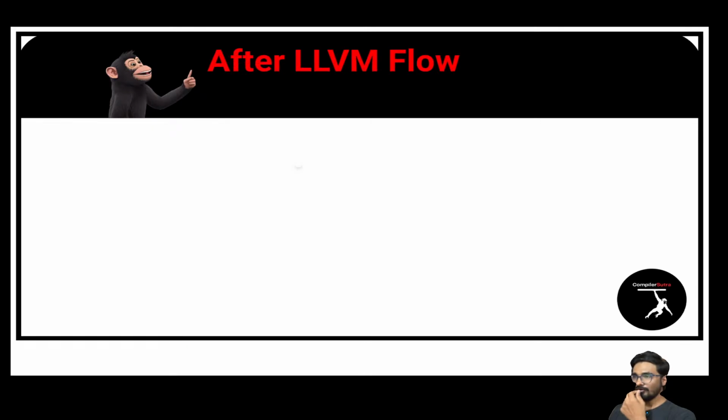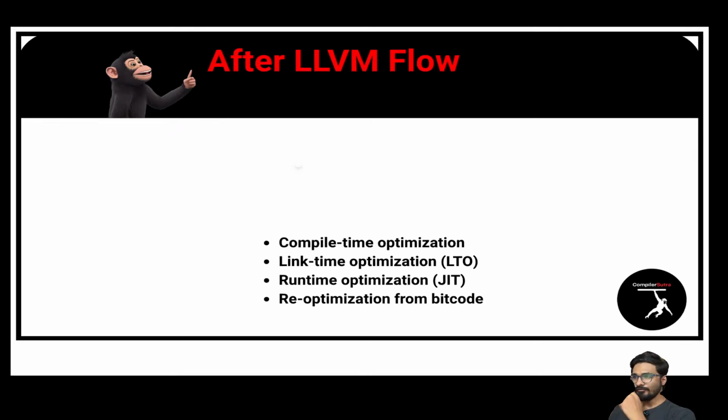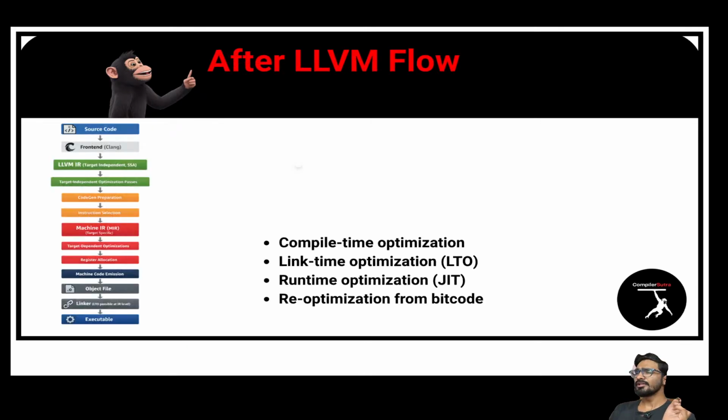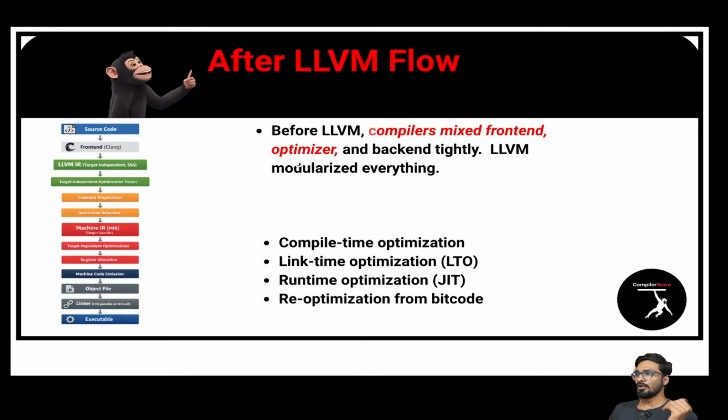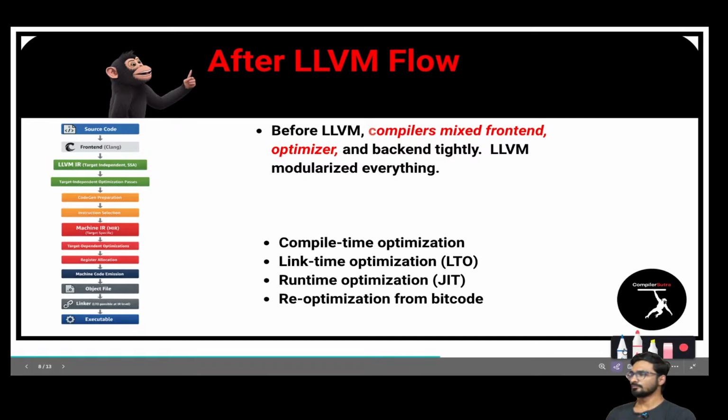Now let's move forward and see how LLVM flows. We already know that compile time optimization, link time optimization, runtime, and then re-optimizing the bitcode is done by LLVM. Before LLVM, we already discussed, right? The compiler had a mixed front end, optimizer, and back end, all tightly coupled. But after LLVM, see here, we have source code.